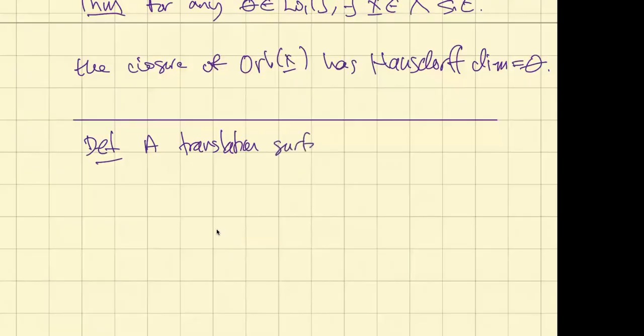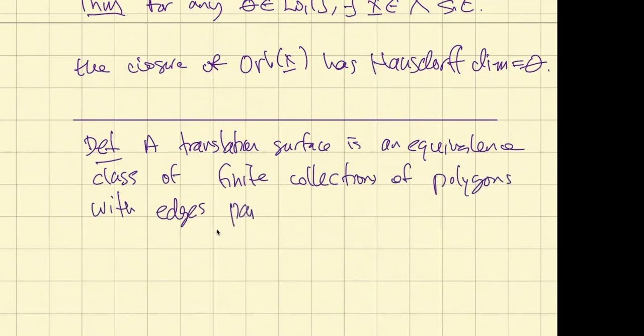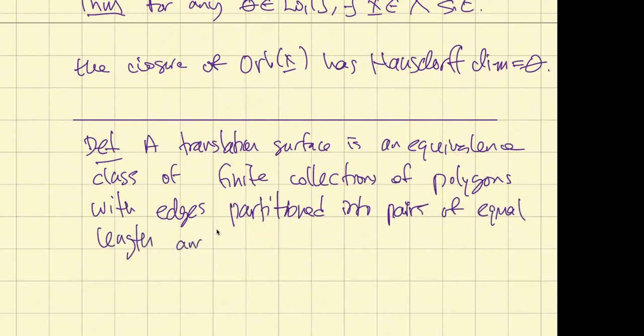A translation surface is an equivalence class of finite collections of polygons with edges partitioned into pairs of equal length and parallel.